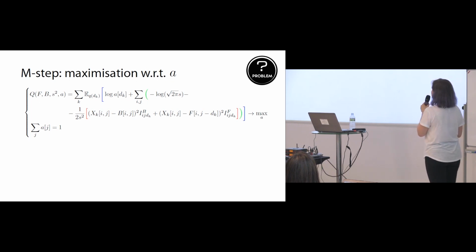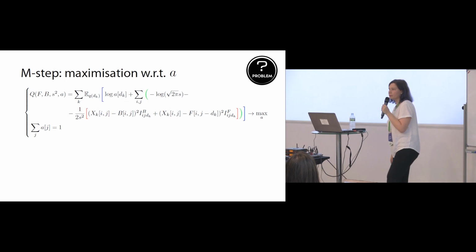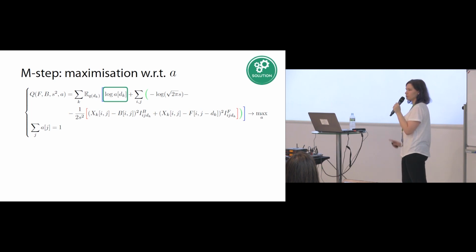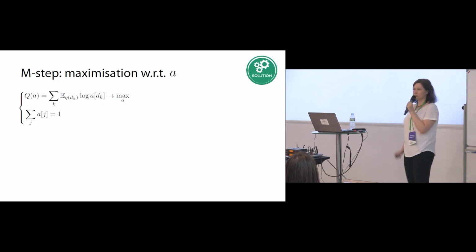And for vector A, since A is a vector of probabilities, we have some additional condition. If you look more closely at this long formula, you'll see that only this part depends on A. All other parts are constant with respect to A. So we actually don't need this long formula, we need only this one.